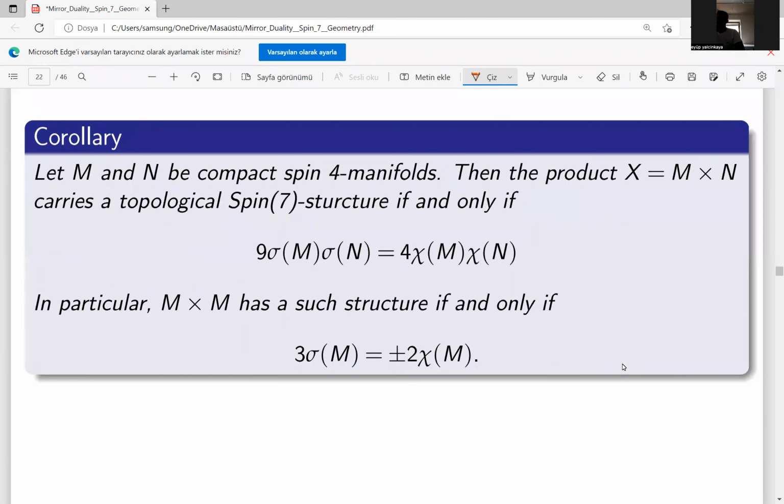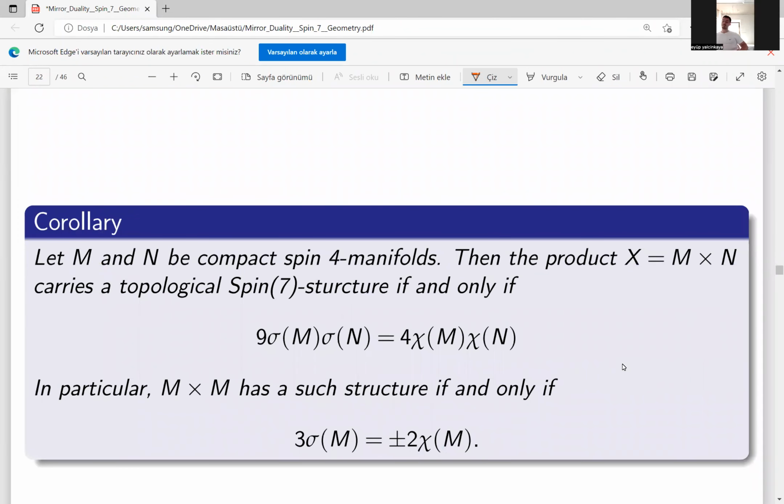Here, as I said at the beginning, if you choose M and N compact spin 4-manifolds for our construction, you can start with, I mean, not an 8-dimensional object, you can start with two 4-dimensional objects. Your holonomy is reduced.